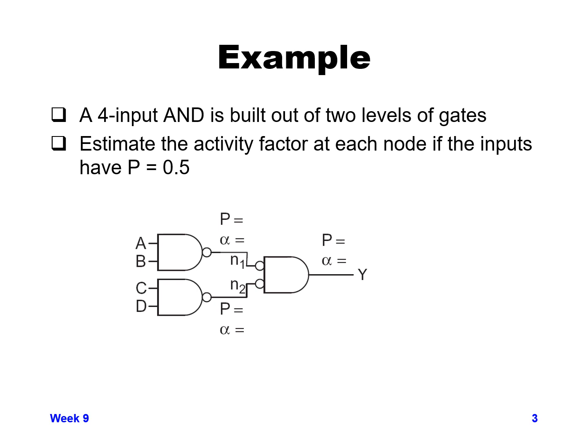In this case, we're doing a NAND followed by a not AND, which is a NOR, and we want to estimate the probabilities and activity factors at each of the nodes following the input nodes. Assume that the input data signals A, B, C, and D each have a probability of being high on any given cycle of 0.5, so they're considered to be random data signals. So pause here and figure out the probability and the activity factor of each of the nodes, and then continue on after you've paused.